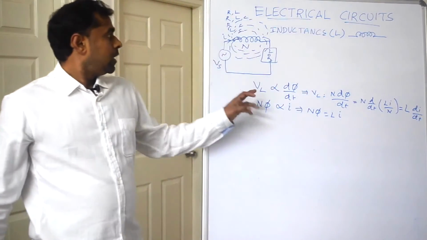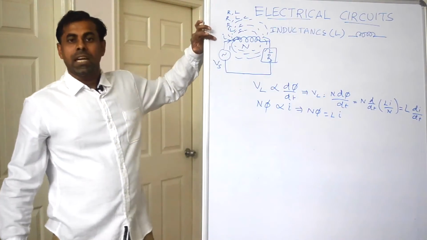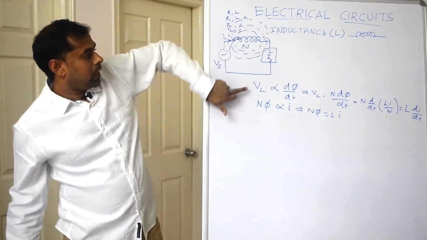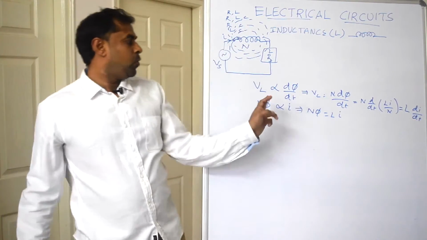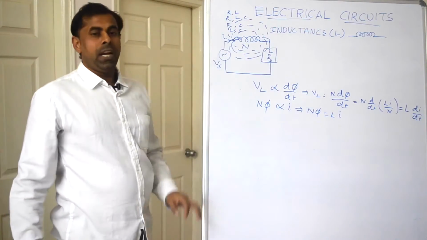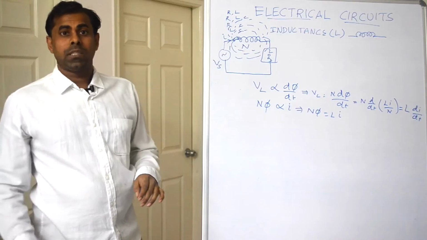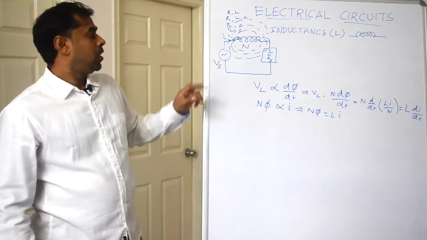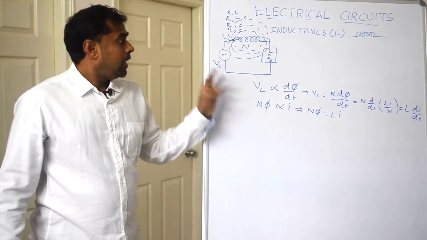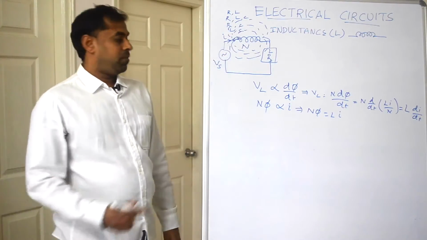So whenever a current changing in magnitude passes through an inductor, it will develop a voltage across it. This voltage is nothing but L into di by dt. The main thing about an inductor is that it opposes the change in current. It produces a voltage across it, and it stores the energy in the form of a magnetic field.